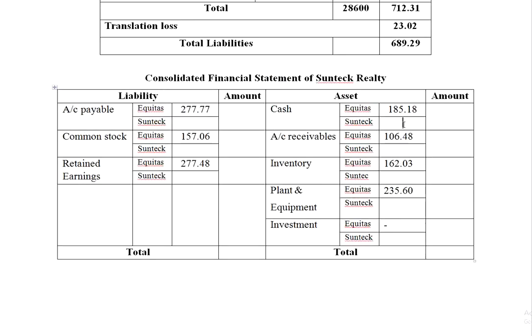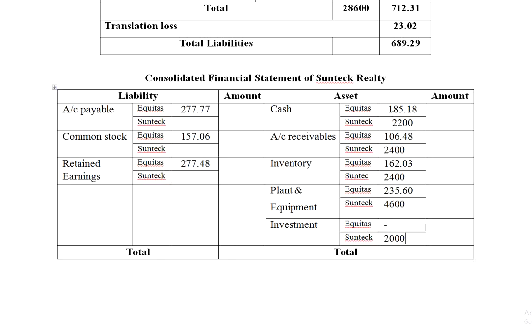Please check out in your notes, which has been already given. Now I am going to fill it by looking at the question. Accounts receivables 2,400, inventory of Sunteck is 2,400, plant and equipment of Sunteck is 4,600, and investment in Sunteck Realty is 2,000.